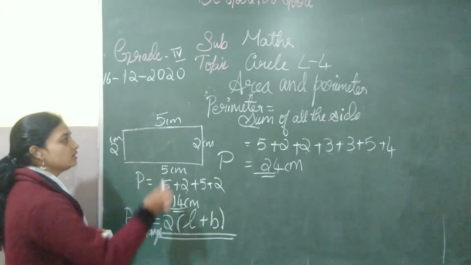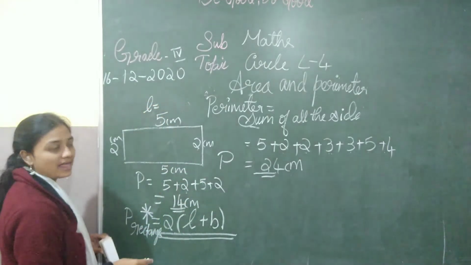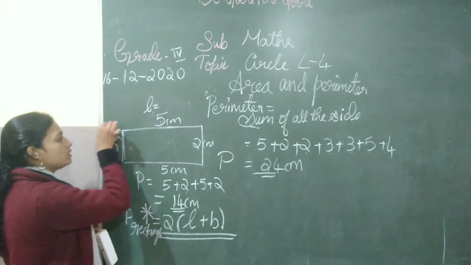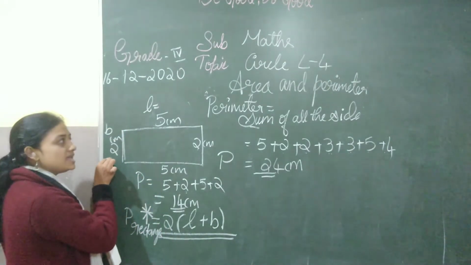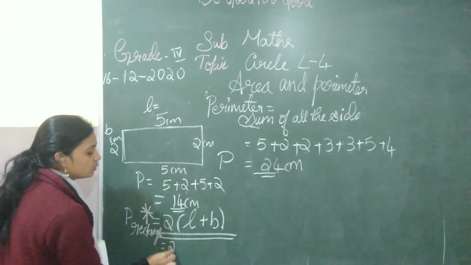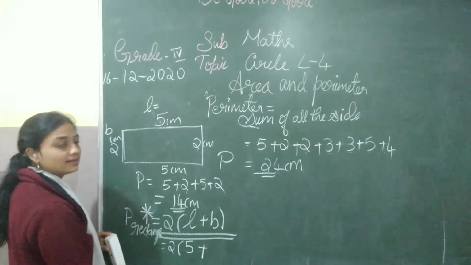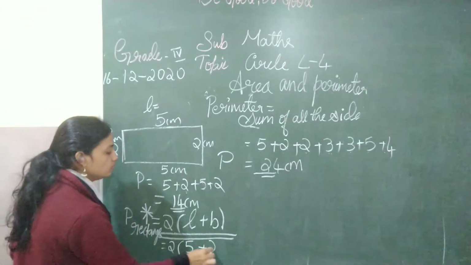How do you find it? You know the longest side is called length, that is L. The shortest side is called breadth, that is B. So you have to take this L and B, add them and multiply with 2. L is 5 plus B is 2.